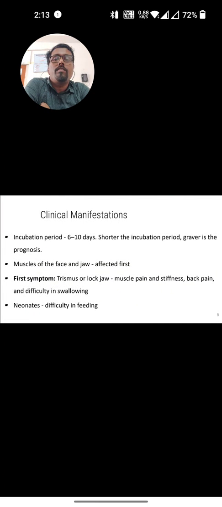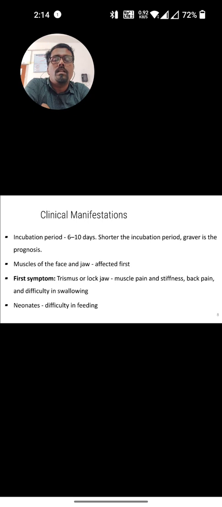What are the clinical manifestations? The incubation period of this infection ranges from 6 to 10 days. The shorter the incubation period, the more severe the disease will be. In the beginning of tetanus, the main muscles affected are the muscles of the face and jaw.